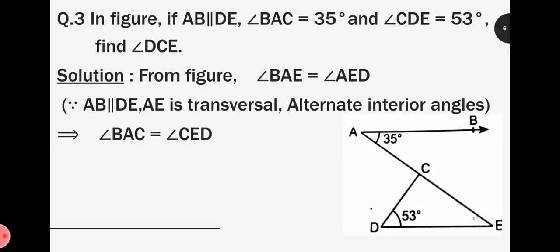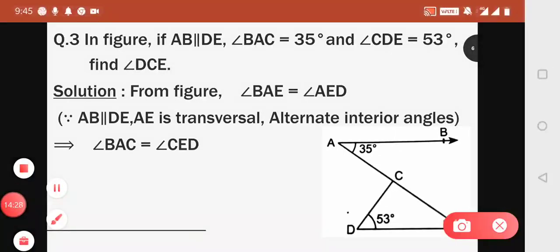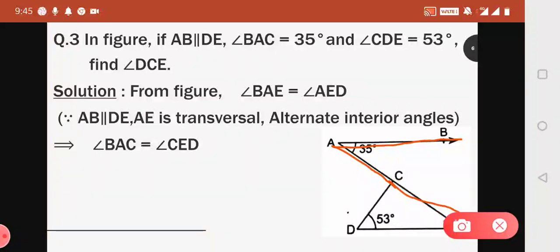This implies that angle BAC equals angle CED. We can also write, in place of BAE, this we have taken whole BAE, but we will not write till E because we have taken BAE, but we can write it as short also.